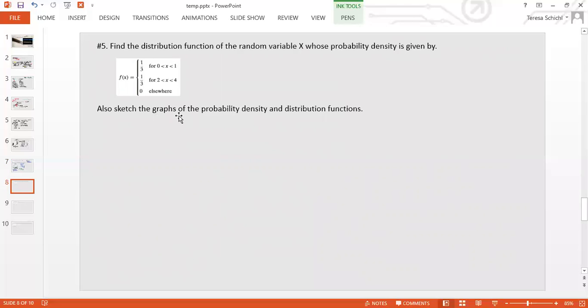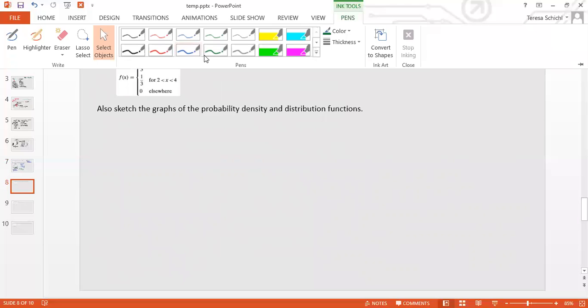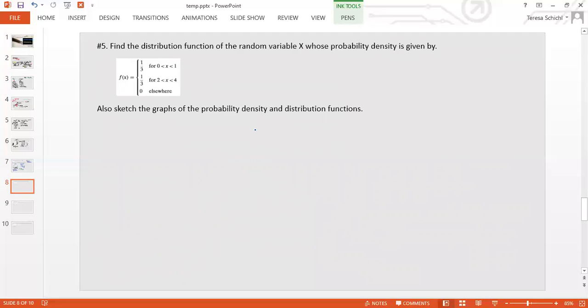We need to graph the probability density function and the probability distribution function, the CDF. So we want to find the PDF and the CDF, right? This one is the PDF, and this one is the CDF.